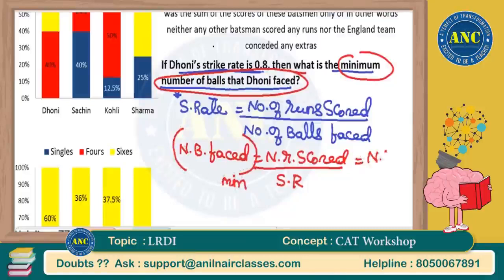Denominator is nothing but 0.8, which is 4 by 5. Denominator is constant. If this is minimum, number of runs scored will also be minimum. What is the minimum number of runs scored by Dhoni?